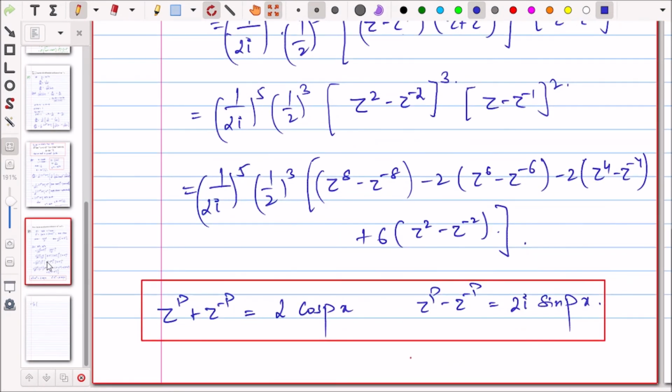Rationalizing and all those things you can do and you will get. So this is your 2i sin 8x. This is your 2i sin 6x. This is your 2i sin 4x. This is your 2i sin 2x, right?